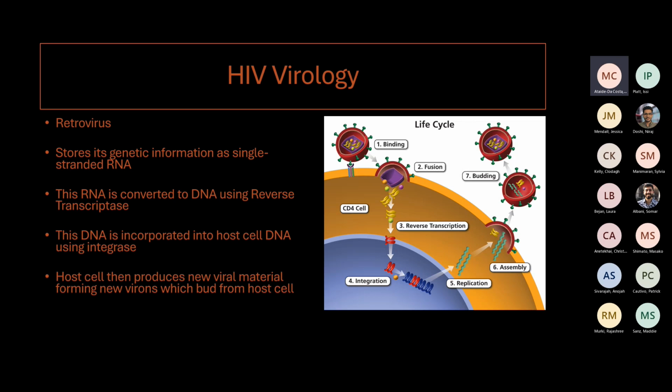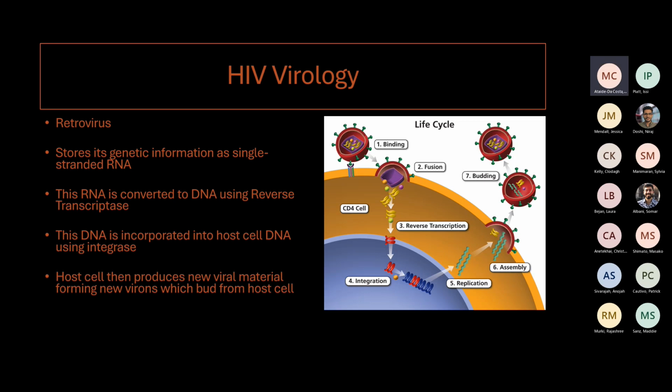It uses an enzyme called reverse transcriptase to convert that single-strand RNA into DNA, which it then incorporates into the host cell, cleverly tricking the cell to produce its replicates, which then bud off and complete the cycle over and over again, okay? So host cells produce new viral material, forming new virions, which bud off the cell, and ultimately this becomes too great for the cell and kills it.